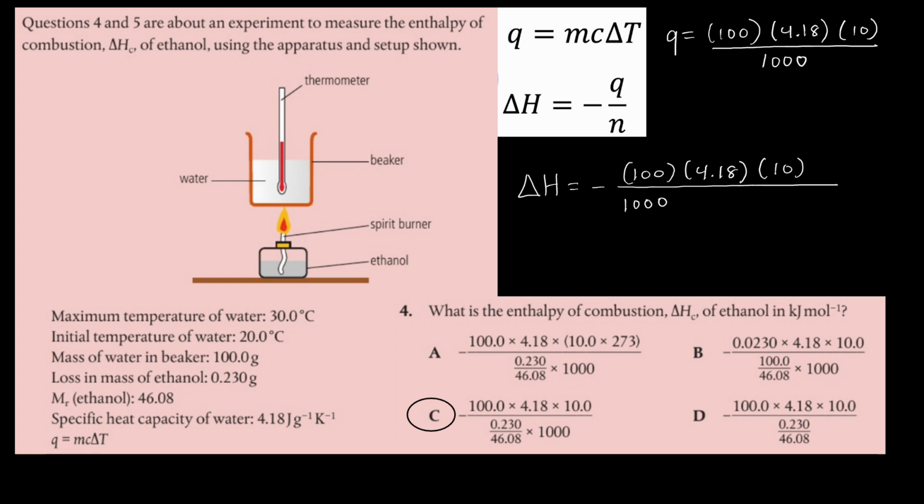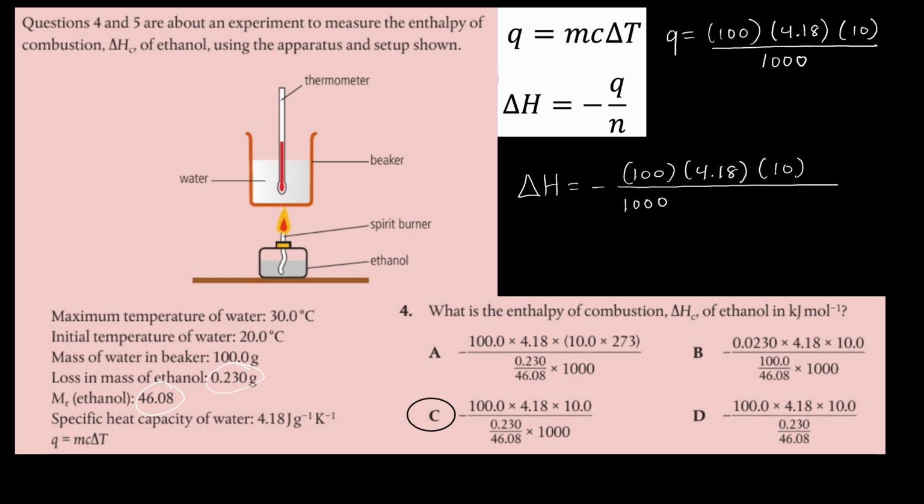Now we need to solve for N. In order to solve for moles, we have our mass of ethanol, which is 0.23 grams, and we have our molar mass of ethanol, which is 46.08. Now you should know at this point, in order to go from grams to moles, you need to divide by molar mass. So if we wanted the moles of ethanol, it would be 0.23 divided by 46.08.